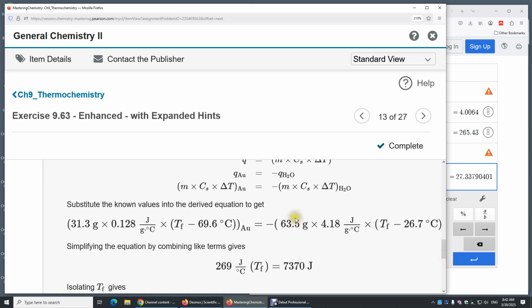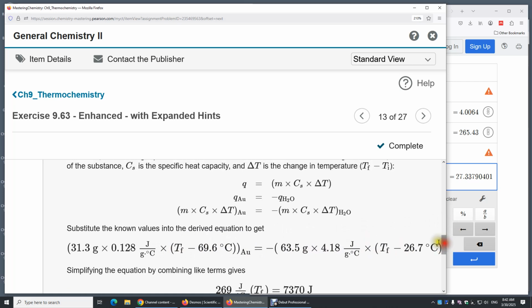And for water, you have mass of water, C sub S of water, and the temperature change of water. You can set it up this way as well. You can see the mass equation is this: Q of gold is negative Q of water. I did it slightly differently. I did Q of gold plus Q of water equals 0.